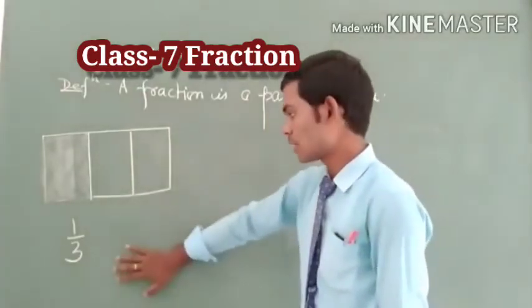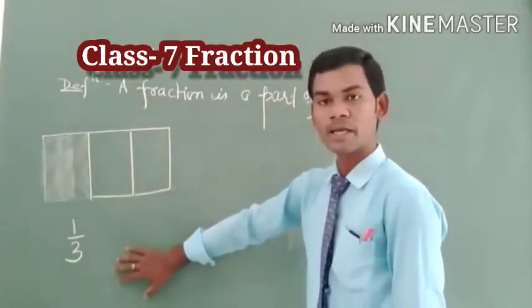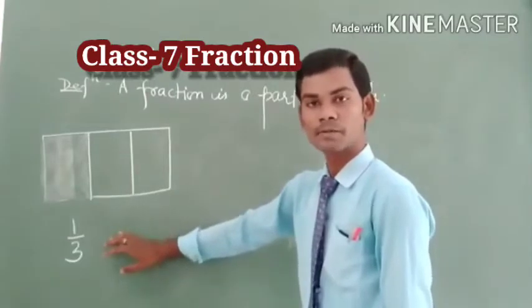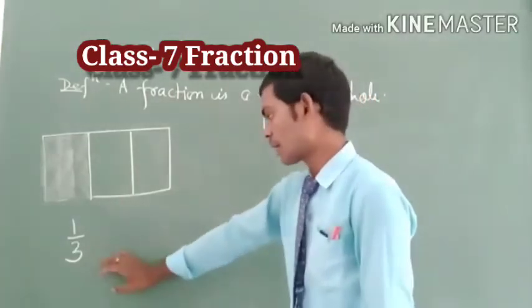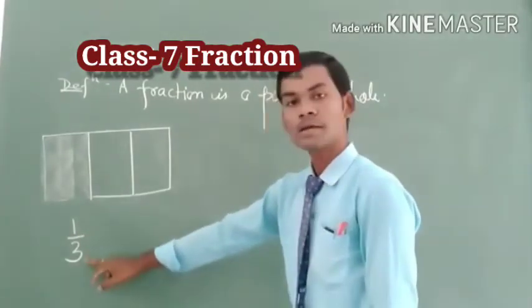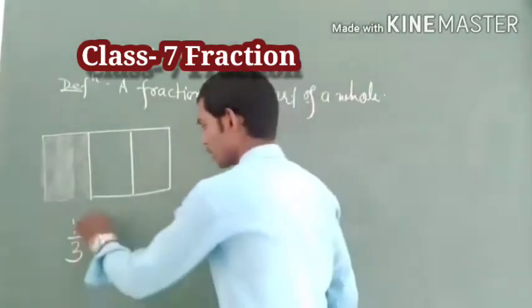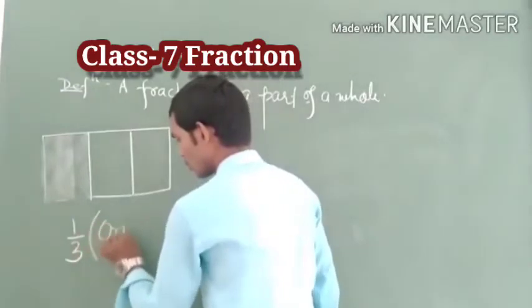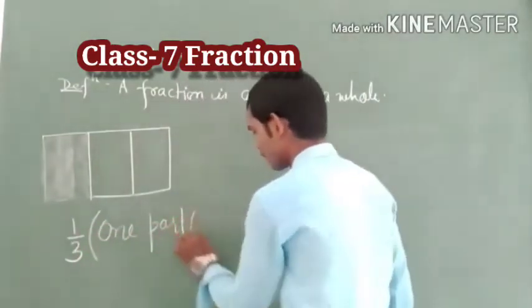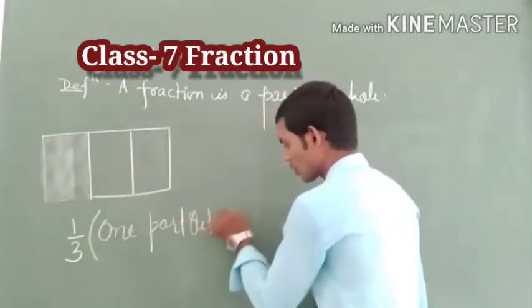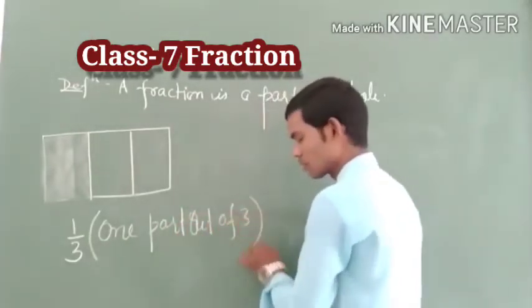Here we have taken one part out of three parts. Therefore, we write 1 by 3, and here we write one part out of 3.